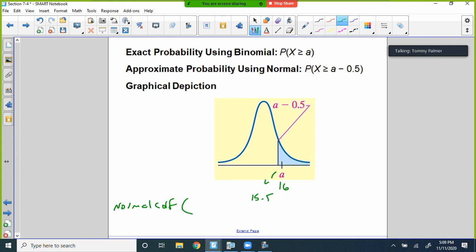Again, this is like a lower bound and upper bound. The lower bound would be 15.5, comma, 1e99, which is the upper bound up here. Then we take the mu of X, or mean, and the standard deviation of X. That's how we would do that, and it gives us all this area right in here.